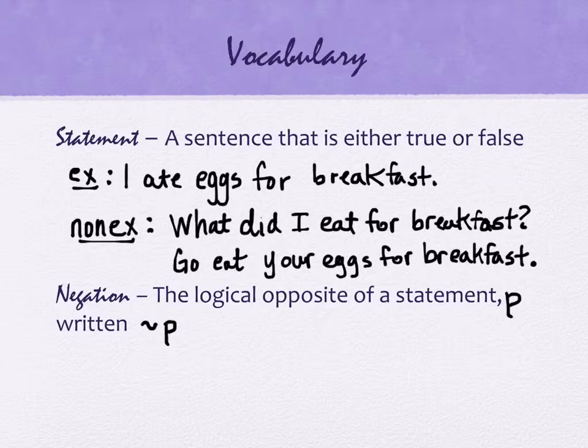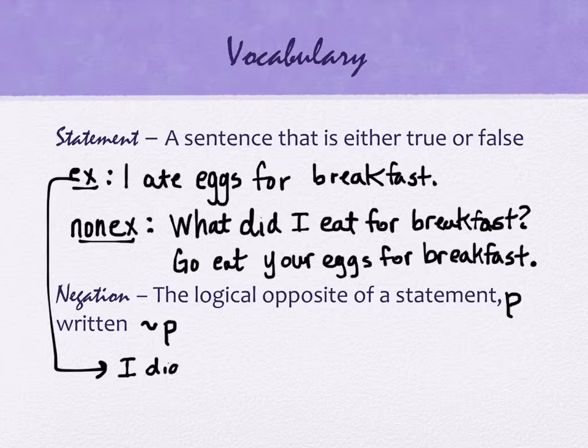Sometimes negations are very straightforward. So we're going to use my statement above, that I ate eggs for breakfast. What do you suppose the negation of that would be? Yes, I did not eat eggs for breakfast.